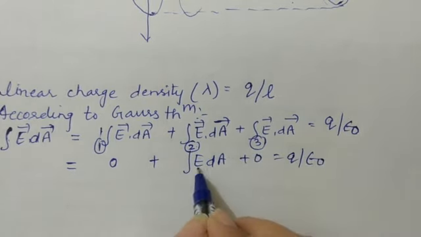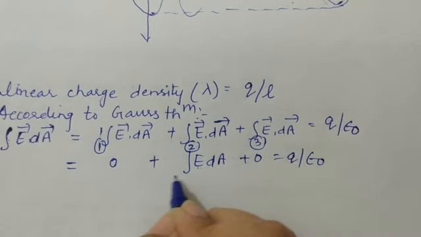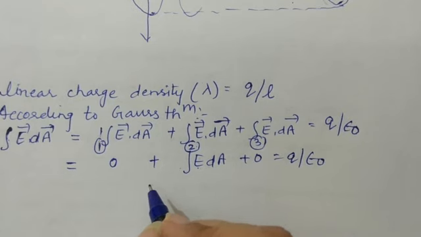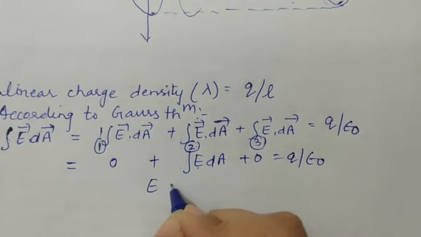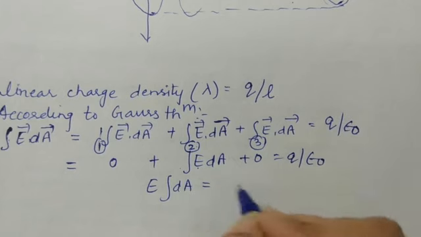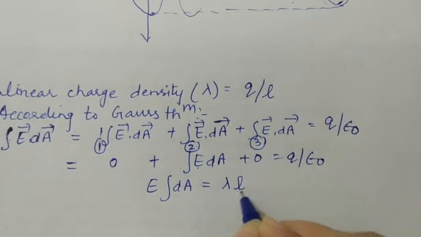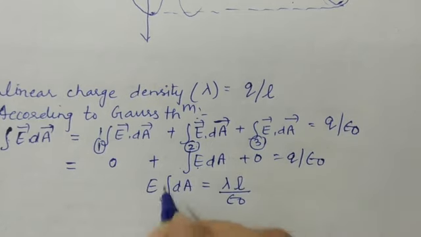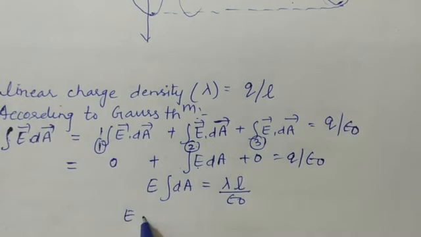Now here E will come out of the integration sign because on the curved surface of the cylindrical body, it will be constant. E times the area of the curved surface of the cylinder. Here Q can be written as lambda into L upon epsilon naught. The area of the curved surface for a cylinder is 2 pi r L, that is equal to lambda L upon epsilon naught.